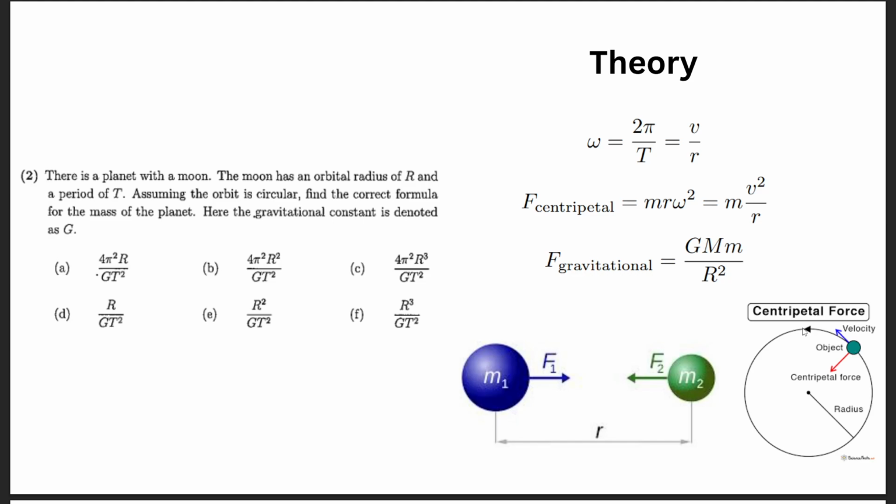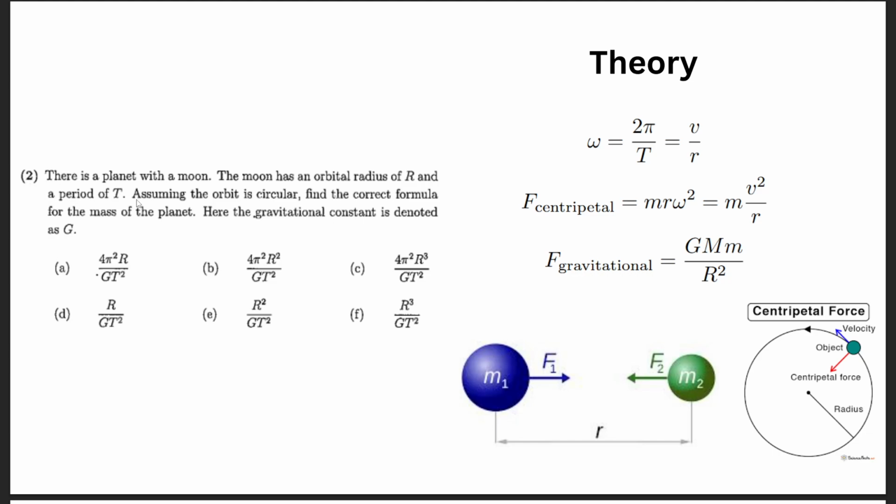So whenever there is an object moving in a circular motion around a point, then we know that it has a centripetal force towards the center of the circle, and we can write it as m times the radius of the circle times omega squared, and we can also write it as m times v squared over r.